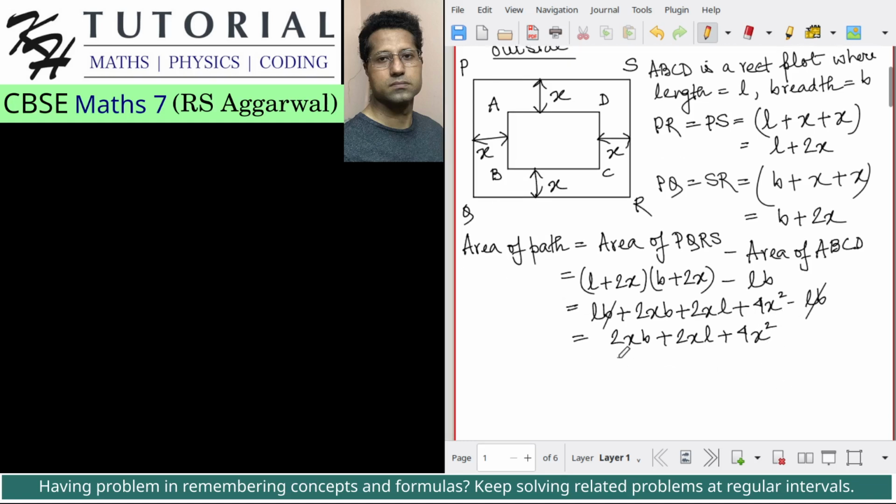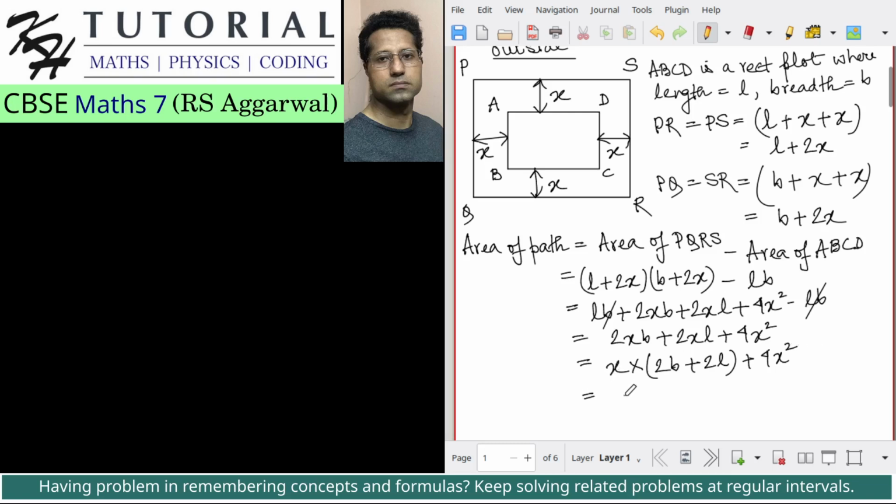Now if I take x common from the first two terms, I get x multiplied by 2B plus 2L, and I have plus 4x square.